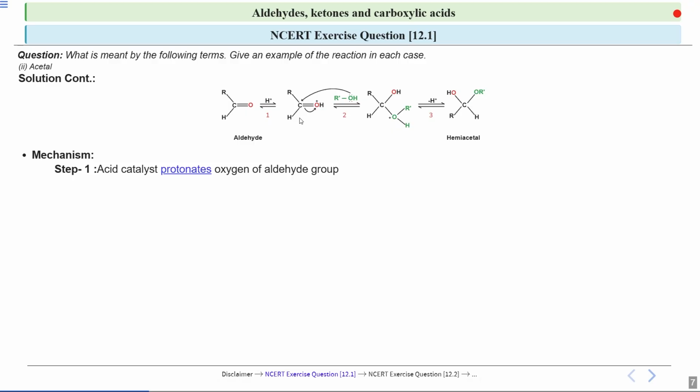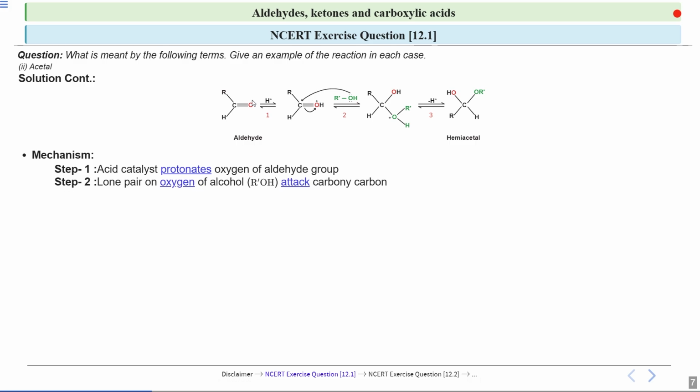What this makes the difference is that this makes the carbonyl carbon more electrophilic. If it gets more electrophilic, it is more likely to attract electrons. So in the first step, the acid catalyst protonates the oxygen of the aldehyde group.